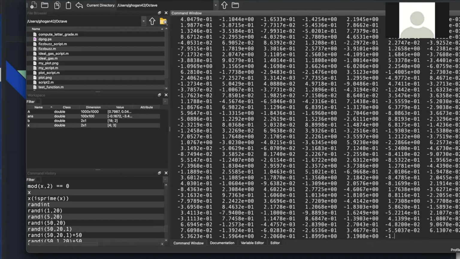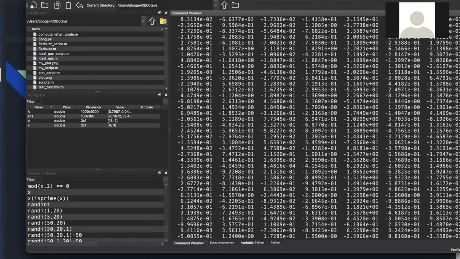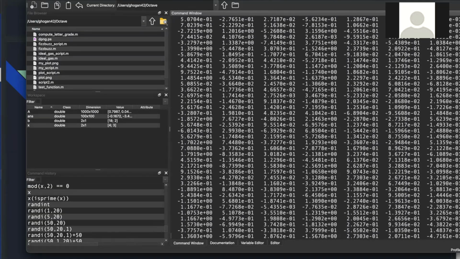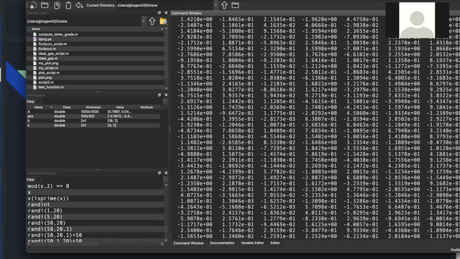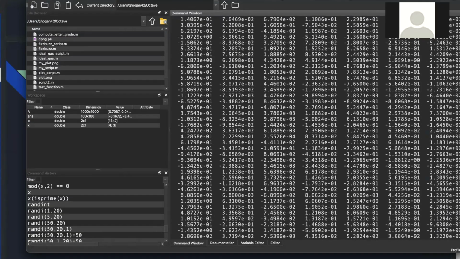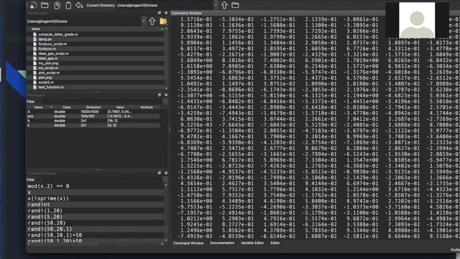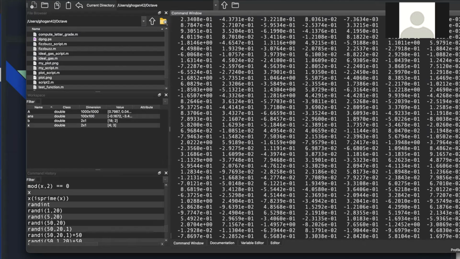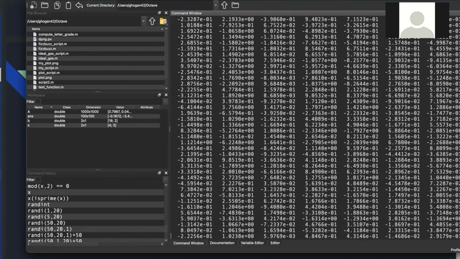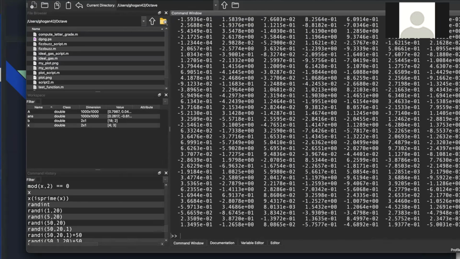I'll just let it go though. I think every time we see that flashy thing, we're getting onto the next row, maybe. I'm just going to hit Control C and stop it. That's not right. Okay.